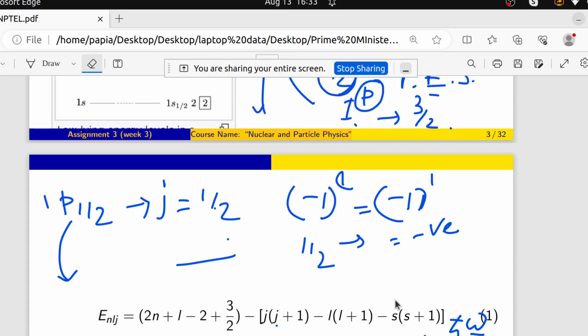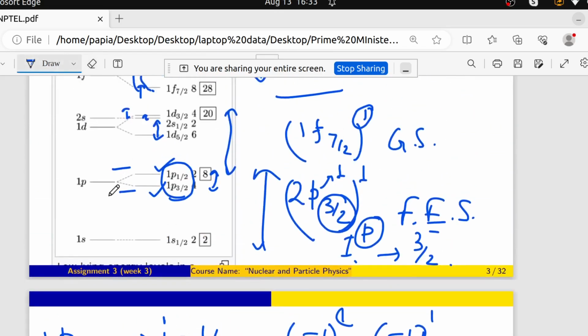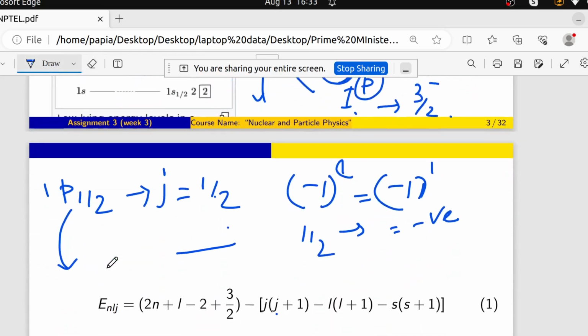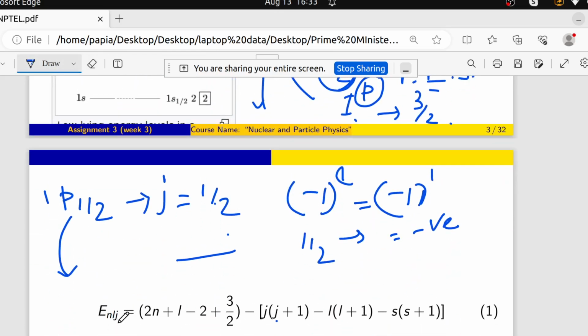This is the expression for the energy level calculation in each cell. Like for this one, the energy is E1S half. If I put the N, L and S value, J value and L value, then we can have the values of E, N, L, J.